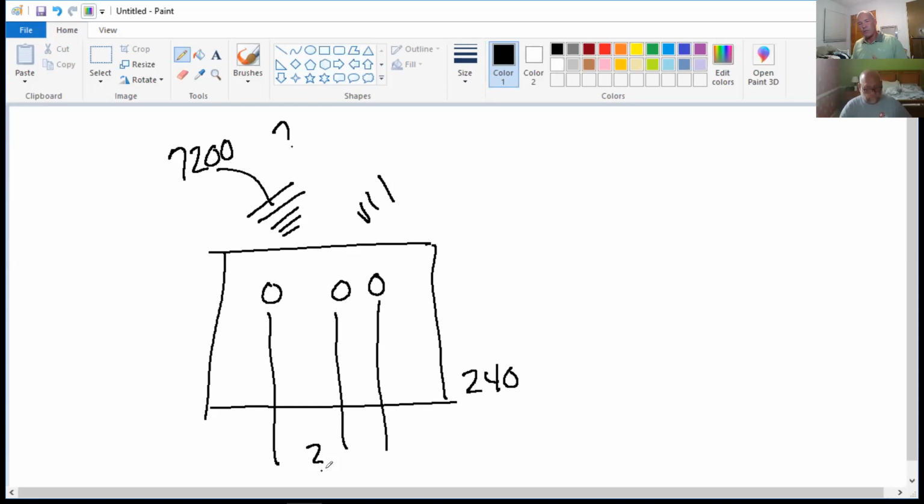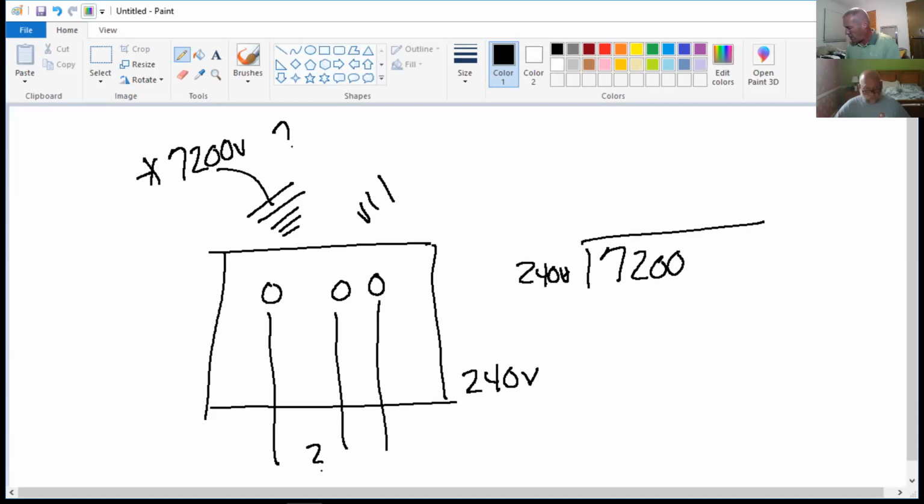There's a voltage ratio and there's a windings ratio in the transformer. Right now we're working with volts. To get my 1 to 30, and you need to get it down to 1, I'm going to take 7,200, that number right there, and divide it by 240, that number right there. What does that give me?